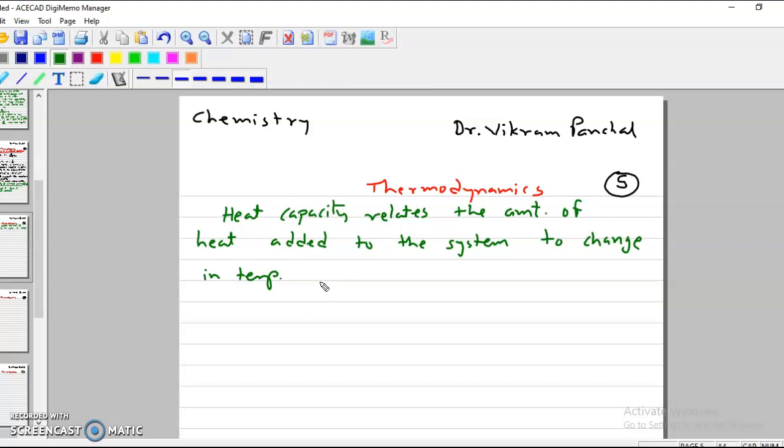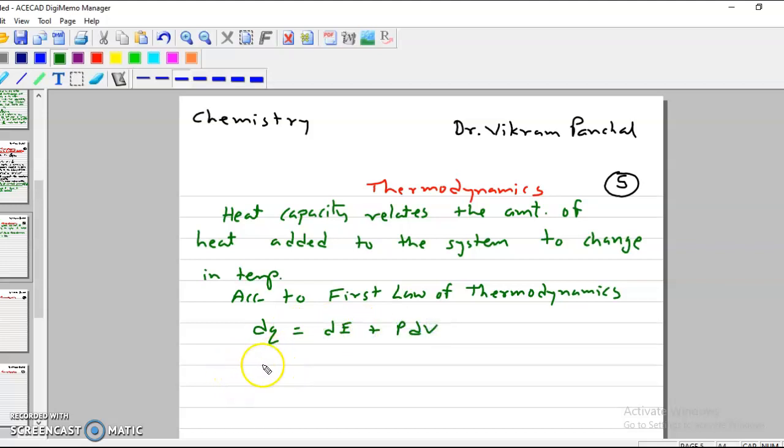So according to the first law of thermodynamics, dq is equal to dE plus PdV.